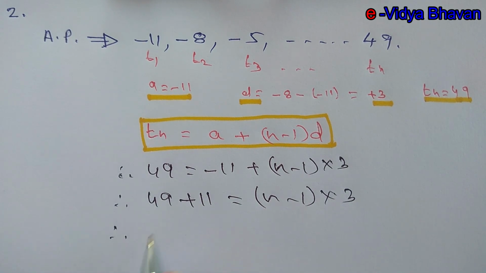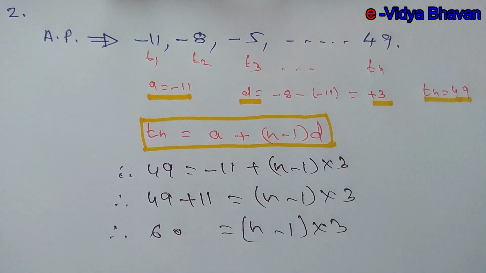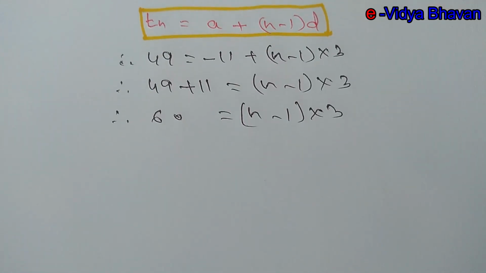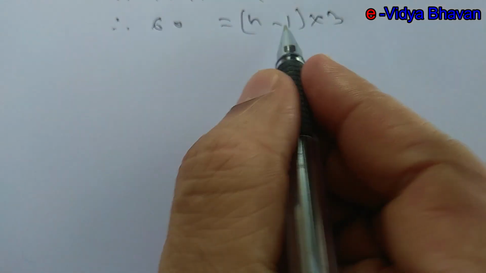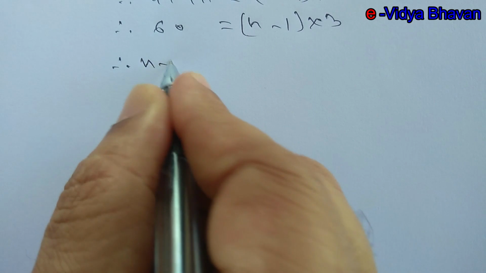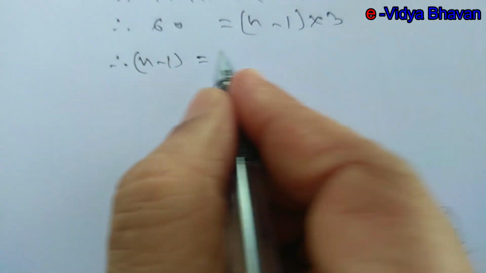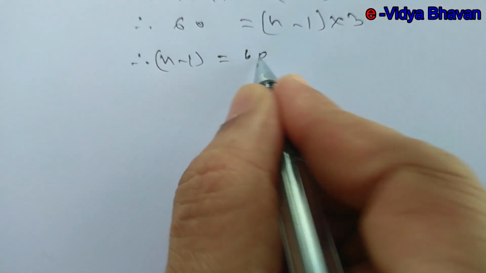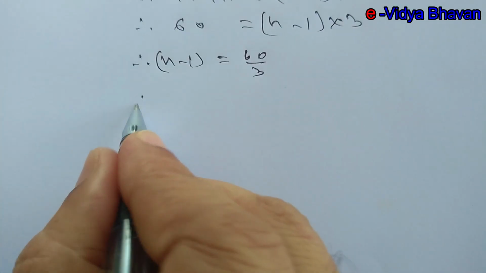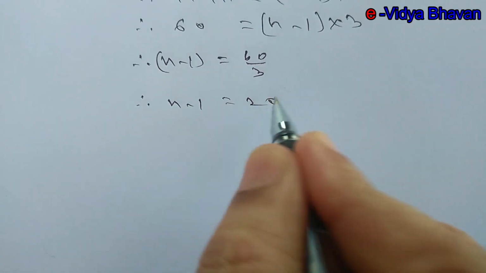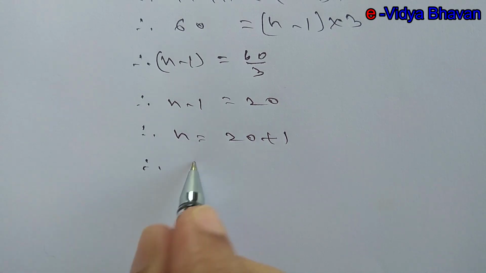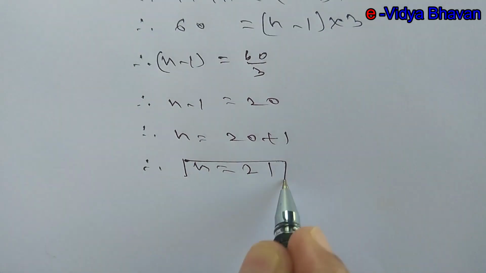Therefore 49 plus 11, 60, equals n minus 1 into 3. Further, n minus 1 will be coming on this side and 3 will come down, that is 60 upon 3. Therefore n minus 1 is equal to 20. Therefore n equals 20 plus 1, that is n equals 21.